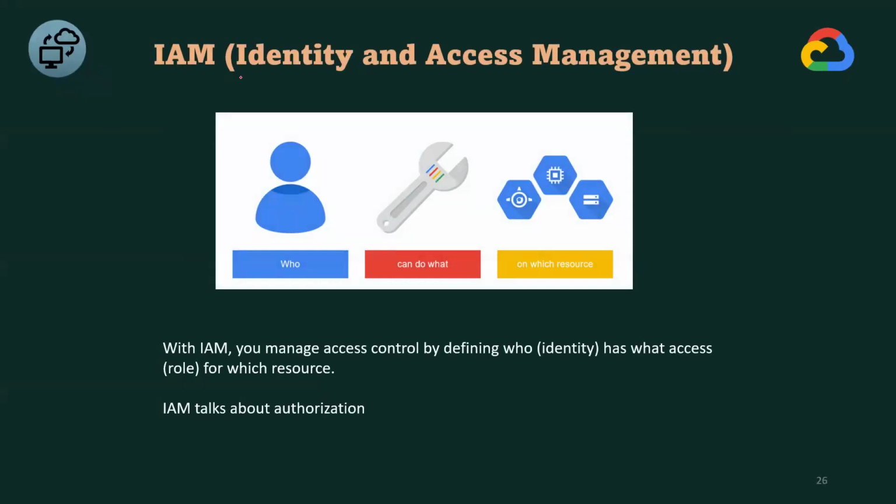IAM stands for Identity Access Management: I means identity, A means access, M means management. With the help of IAM, you can easily manage access control by defining who has what type of access for which resource. In simple words, IAM talks about authorization.